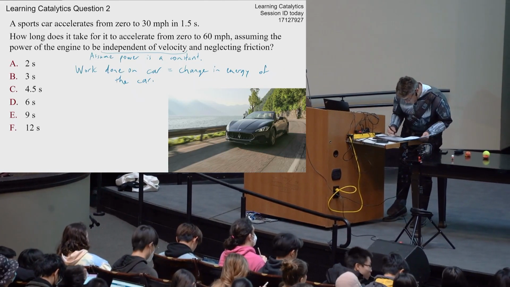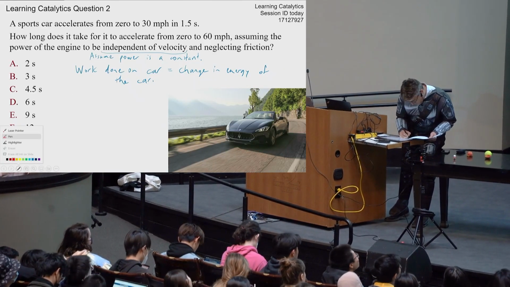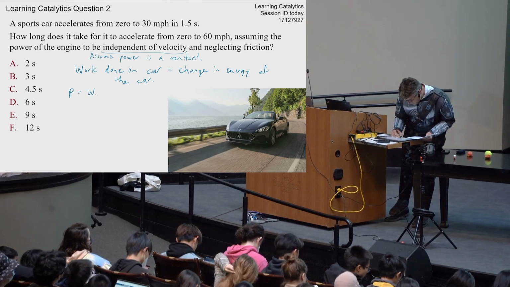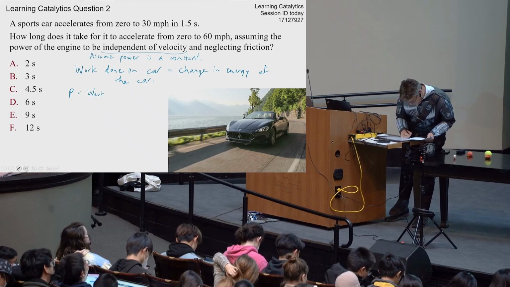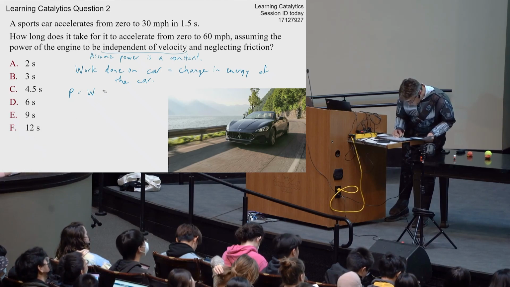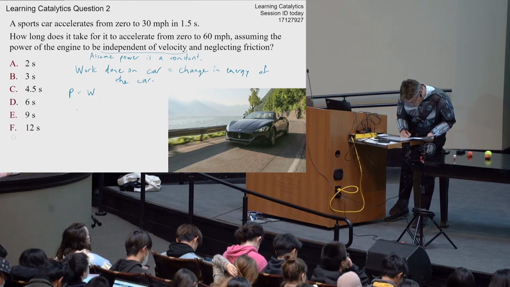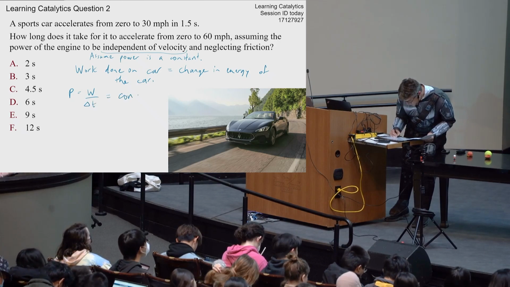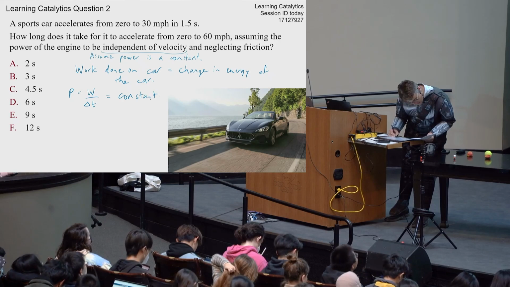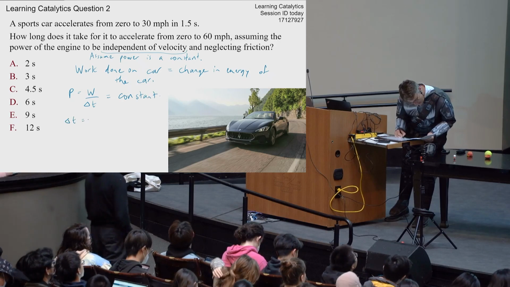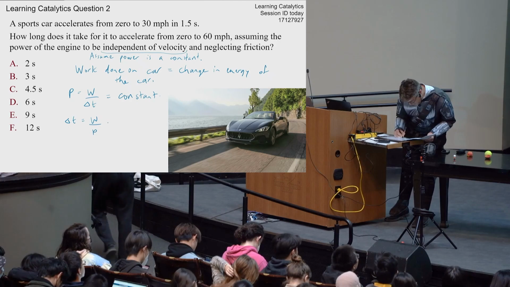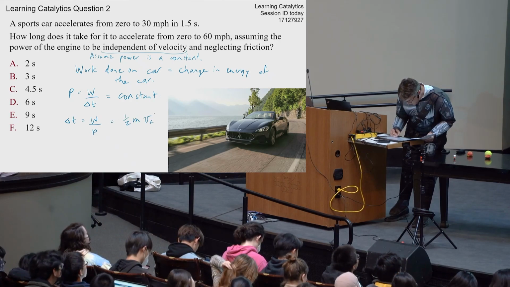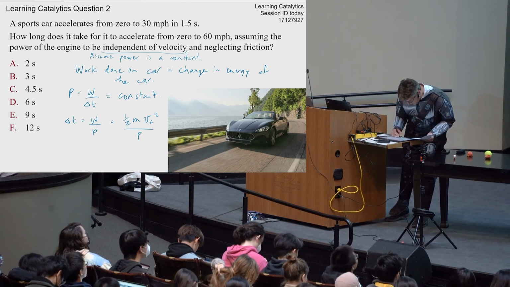A way of looking at it mathematically would be to say that power is equal to the work, the external work, divided by delta T. That's a constant. And so delta T is equal to this work divided by power. It's going to be 1/2 m v final squared divided by the power.